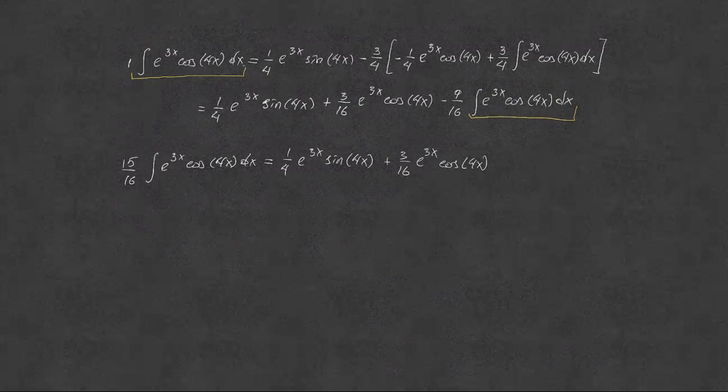The only thing that we need to do now is divide both sides of this equation by 15/16, or we can say that we multiply both sides by 16/15.